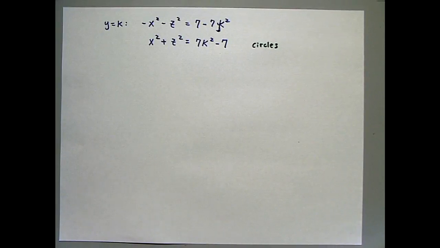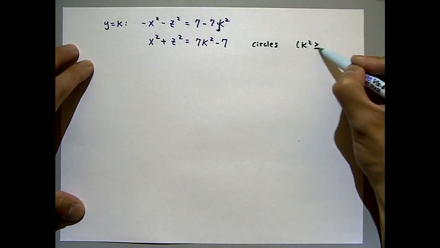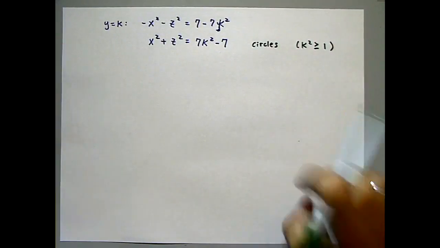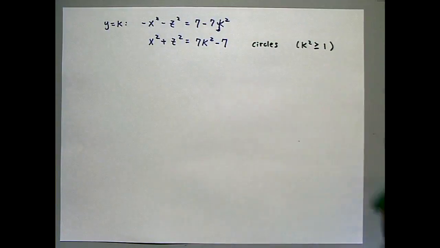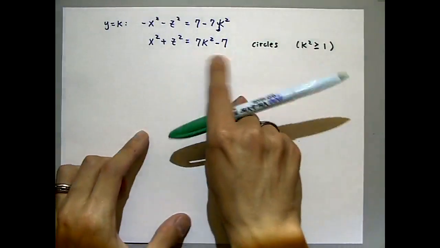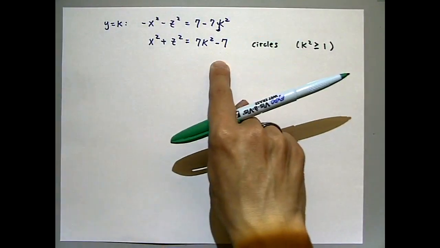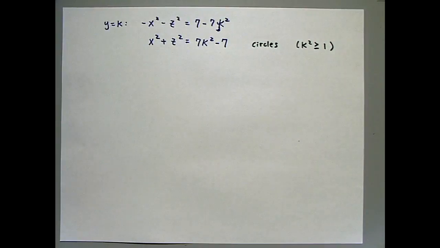So let's write that down here, k squared greater than or equal to 1. If k squared is equal to 1, then we have a dot, and that's okay. But if k squared is less than 1, then this is negative, and we can't have a circle with a negative radius squared, right? So we don't have that shape.